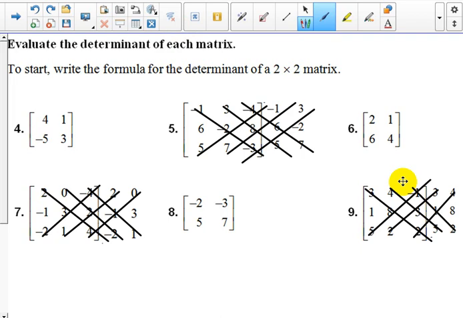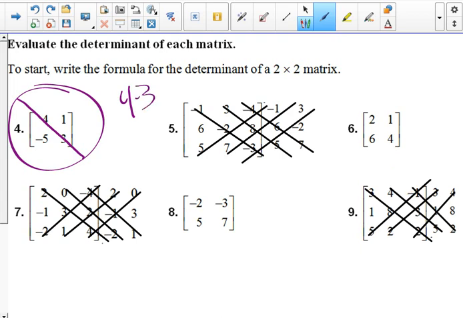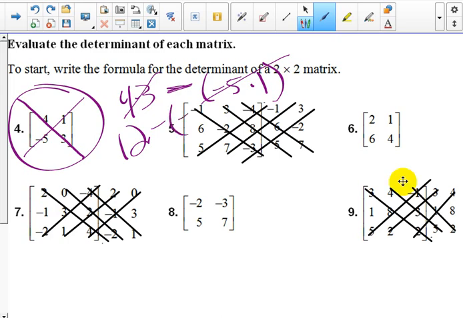Right, so for number 4 here, to get a determinant, you're going to multiply this diagonal, the one that's the backslash, so 4 times 3, and you're going to subtract from that the other diagonal, negative 5 times 1. Okay, so what does that equal? 4 times 3 is 12. Negative 5 times 1 is negative 5.